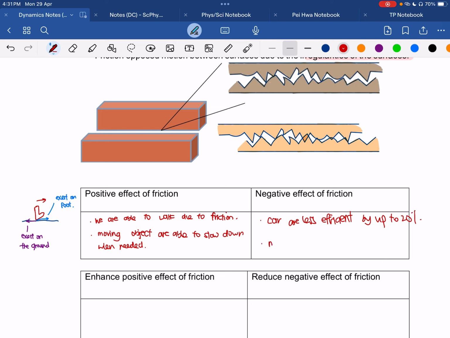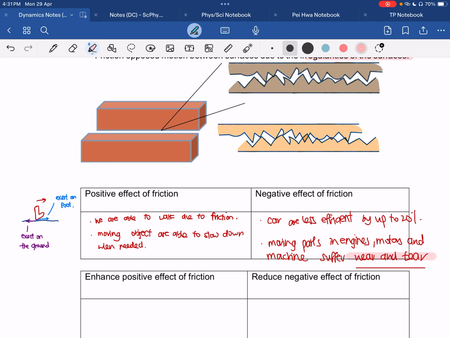Then next, of course, the moving parts in engines will, because of friction, what will happen to them? Tools and machines suffer wear and tear. So this is the keyword for this part: wear and tear, less efficient.